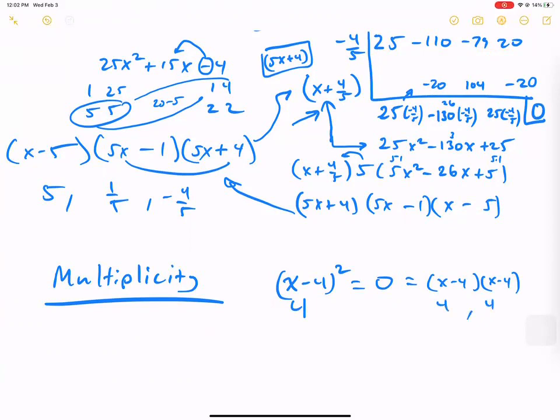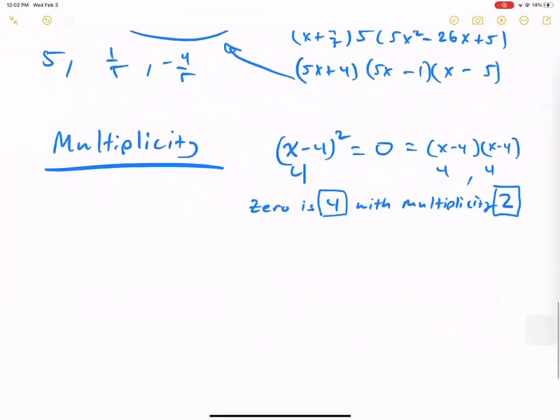So what we say is the zero is 4 with multiplicity of 2. Again, we have a 0 at 4, but how many times does 4 happen? It happened 2 times. That's it.